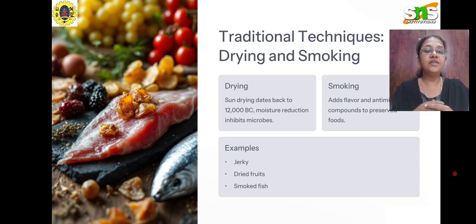Examples of dried or smoked foods available in markets are dried fruits made by drying, smoked fish, and dehydrated or dried vegetables.